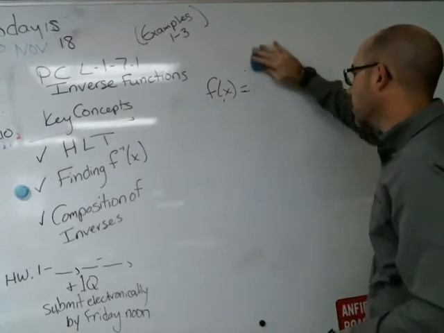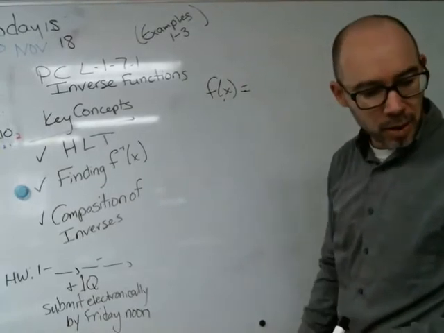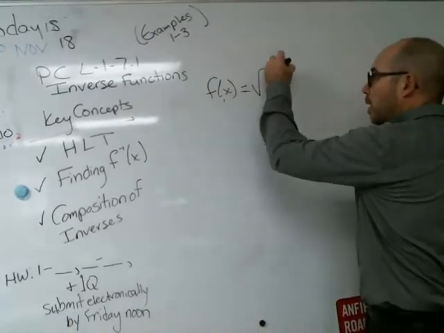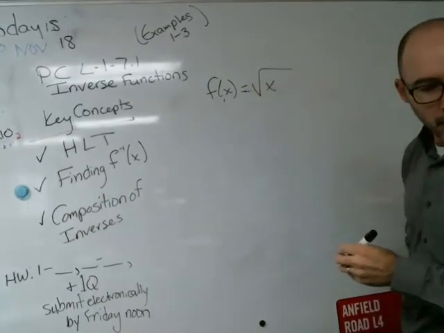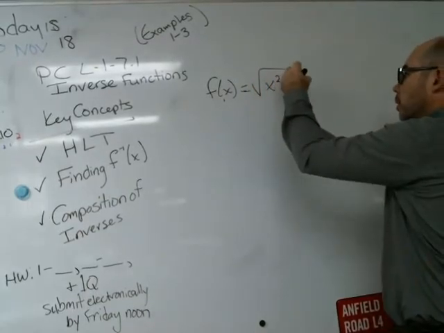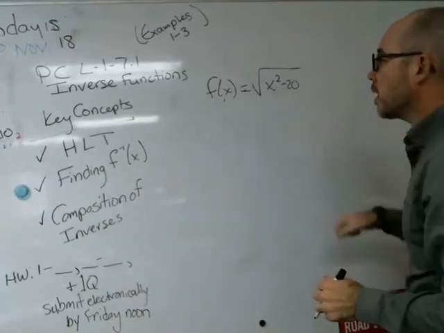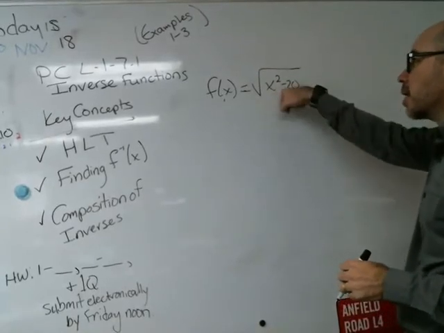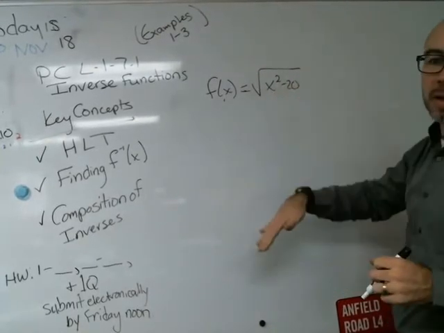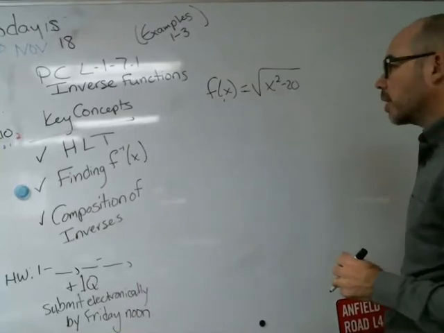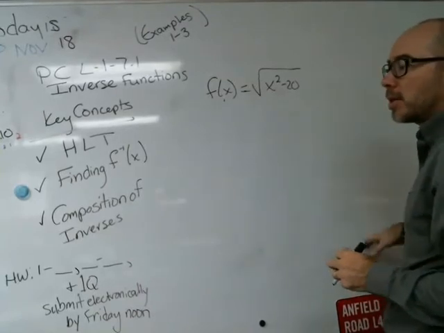Okay, I'll do one more of this kind of algebraic check, and we'll have f of x equals the square root of x squared minus 20. So think: I plug a number in for x, I square it, I take away 20, I take the square root. Maybe you can think of what would be in the opposite direction.